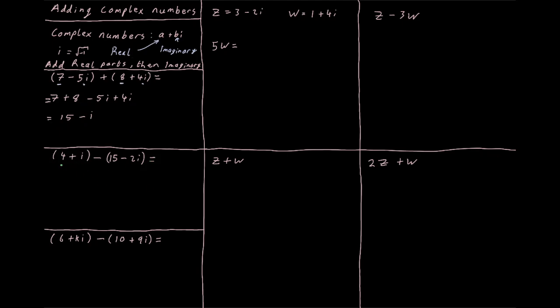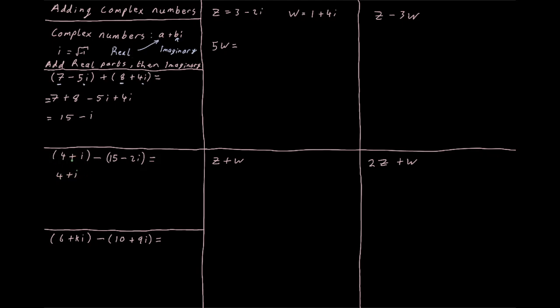So here we have our real parts and our imaginary parts. Our first number has a real part and our second number has a real part. But here we see we're taking stuff away. So just like if we were doing normal algebra, we're going to have to multiply out this bracket. So we're going to have 4 plus i.